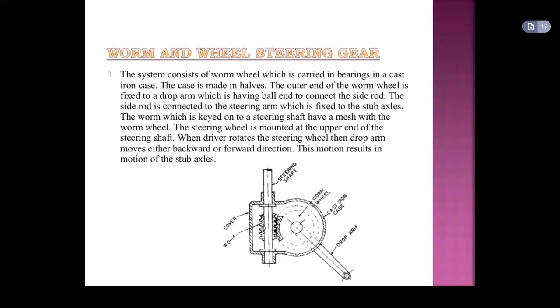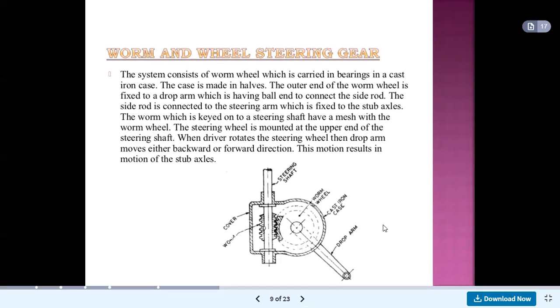If we see worm and wheel steering gear, see this diagram. In this diagram, we show different components. So this is the steering shaft, which is also called the steering column. The steering column is shown here, and on that steering column, the worm is connected.